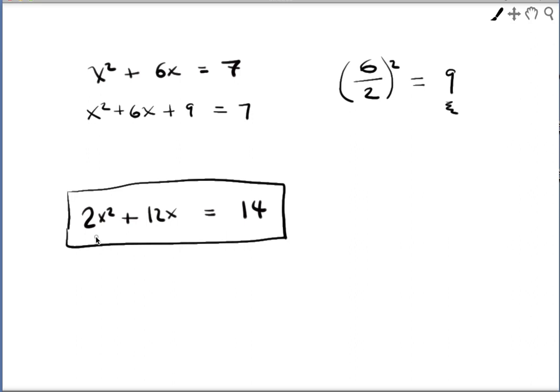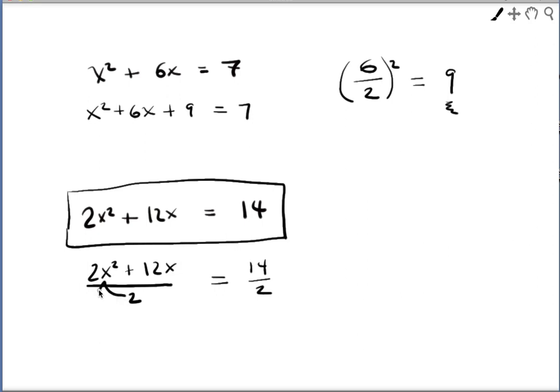You can't complete the square unless you have a 1 here. So your first move is going to be to divide that away. And what you need to do is divide both sides, in this case, by 2 to maintain balance. It is an equation.